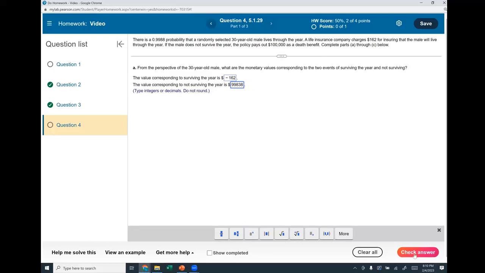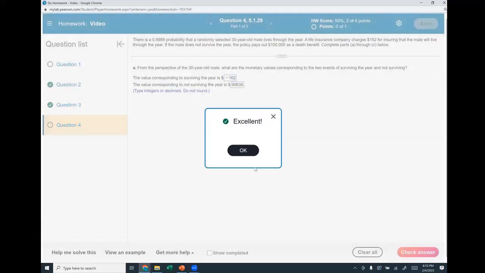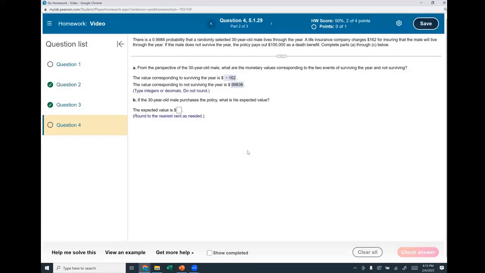And let's see if that's perfect. Okay, so this number right here, just so I can put on the screen, is $100,000. That's the payout minus the $162 that was paid for the policy.